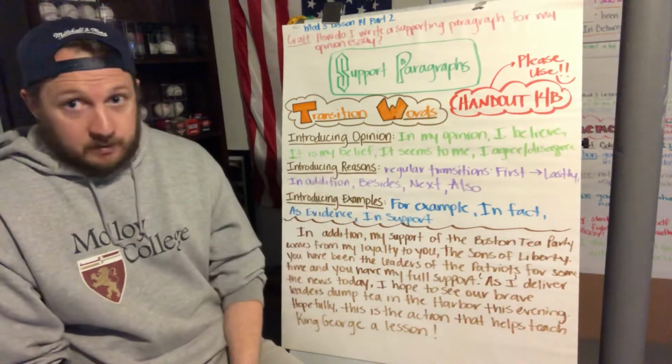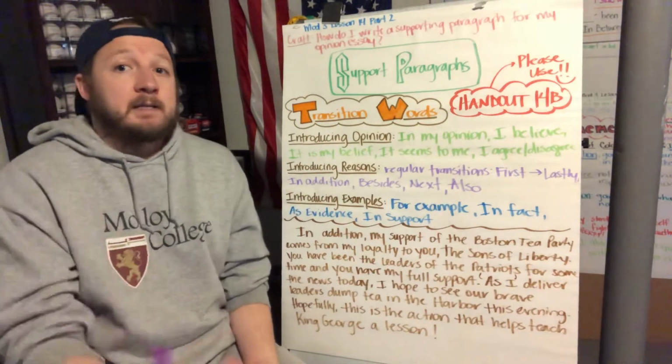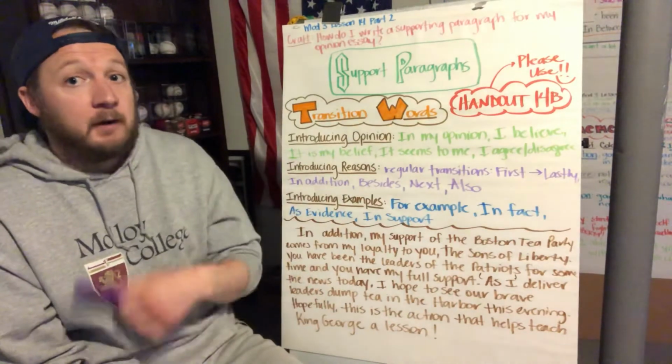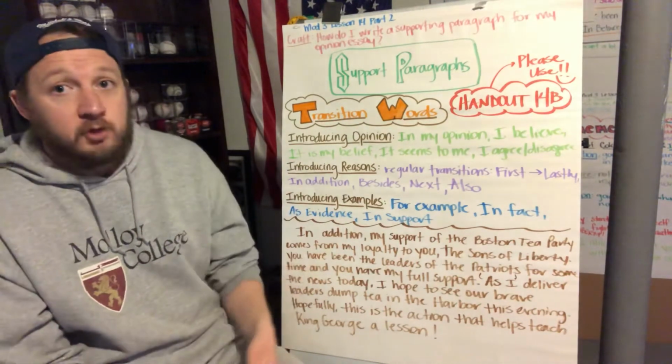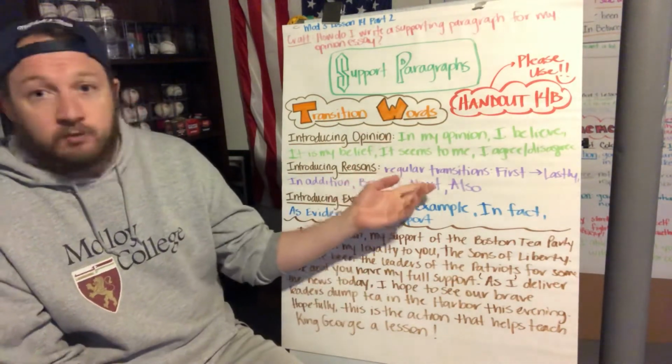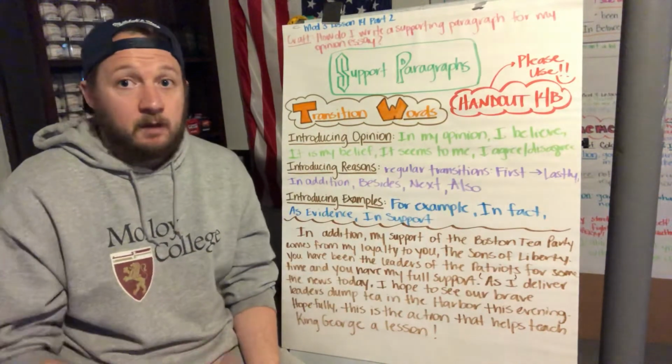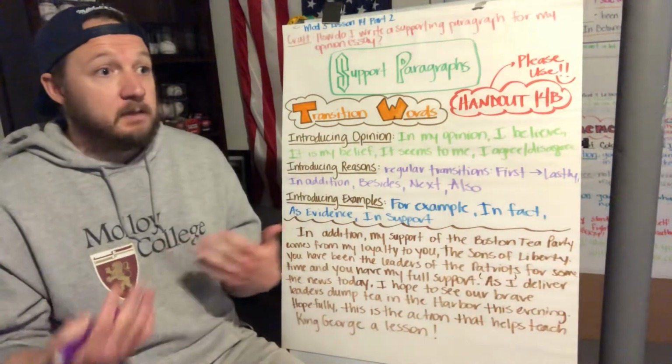Introducing your reasons, okay? So you have to have a reason, and you guys have already done your reasons on 12A, and this is what this whole paragraph is about. But to introduce your reason, you can use just regular transitions. You can say first, second, third, and then you can do lastly, whatever.